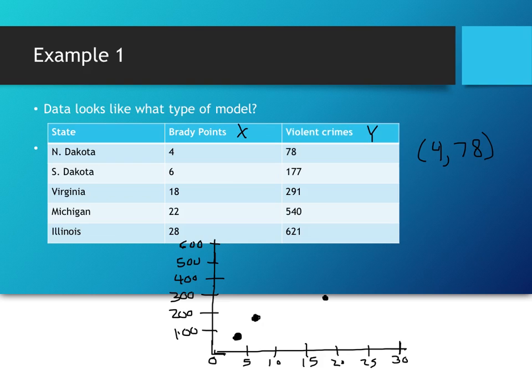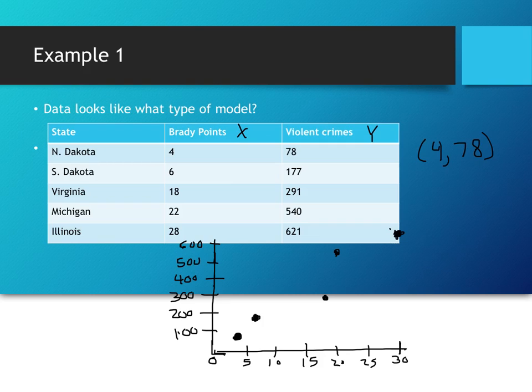20, 540, a point here. 28, 621, you get a point, maybe here. Now notice this does not fit exactly to anything, but does this look more like a line, a quadratic, an exponential, or some rational function?